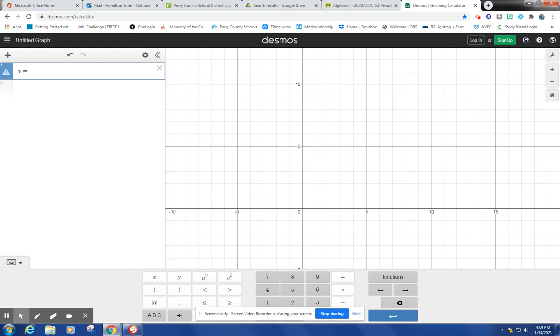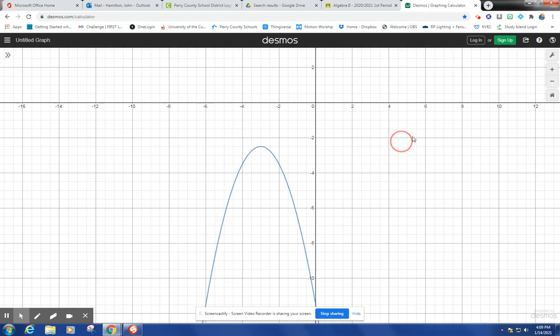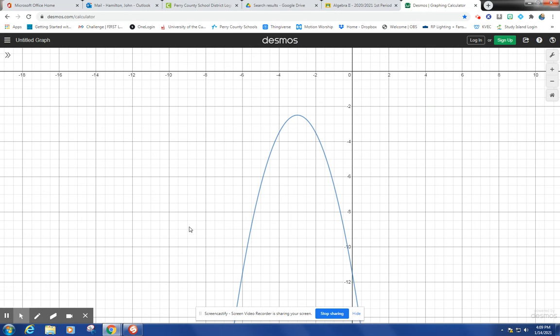I'm going to type in this problem so that I can see graphically what's really going on. So negative (x plus 3) squared minus 2.5, okay? And I'll get this out of the way so that you can see what we've got. Okay, so this is our graph right here.